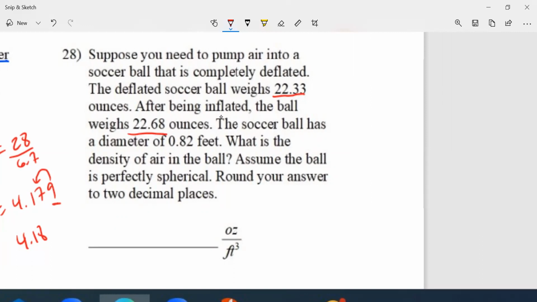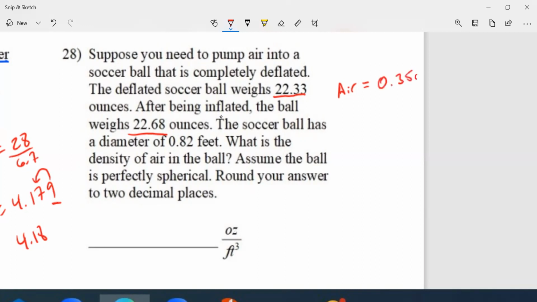Before I continue reading, let me find out how many ounces this air is. 22.68 is the ball with the air, and 22.33 was just the ball without air. So the air is 0.35 ounces. I subtracted my two numbers.